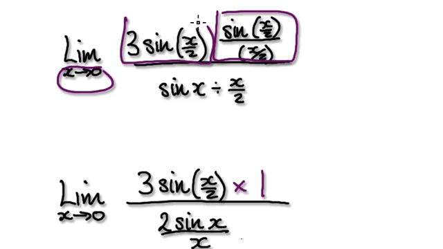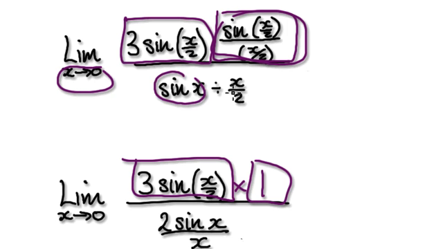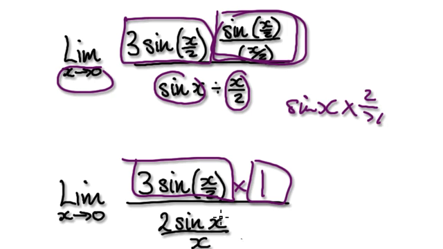You've got this block times 1, which is the same thing. Down here, remember you're dividing by this thing, so visualize it as sine x times 2 over x, which becomes 2 sine x over x.